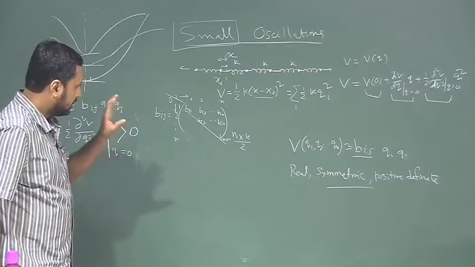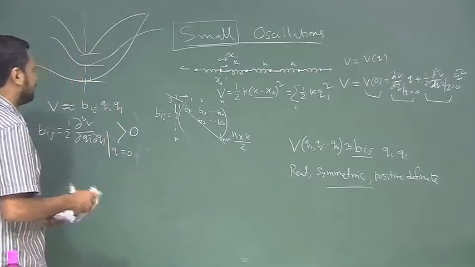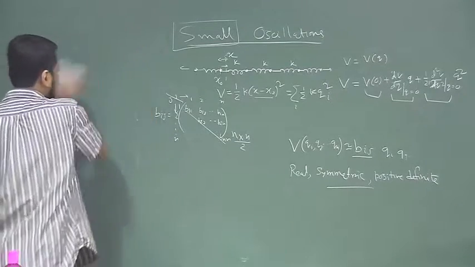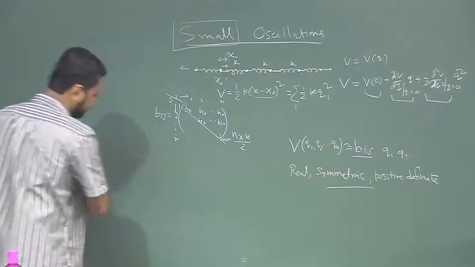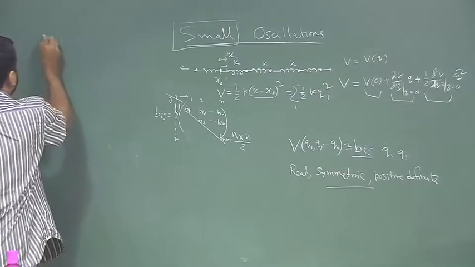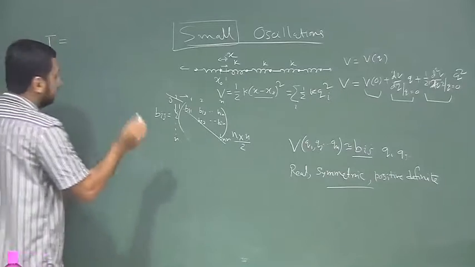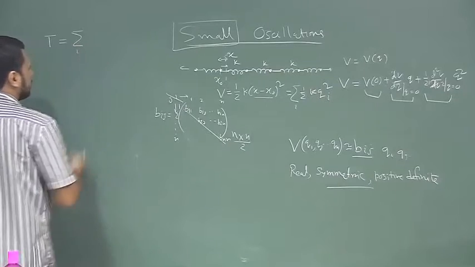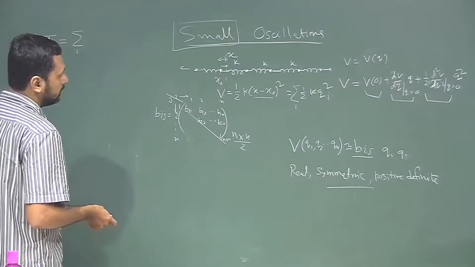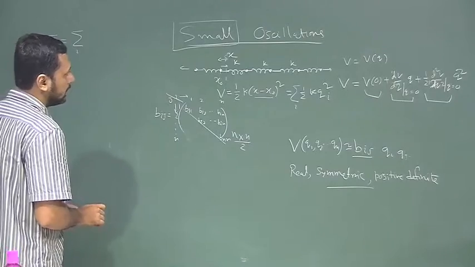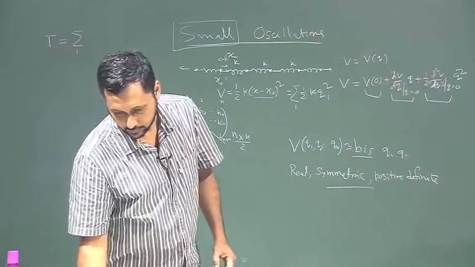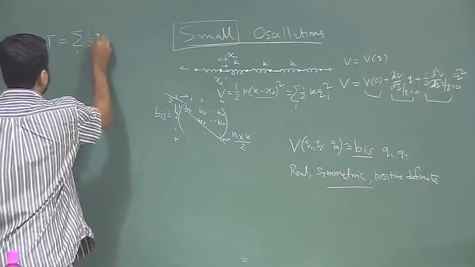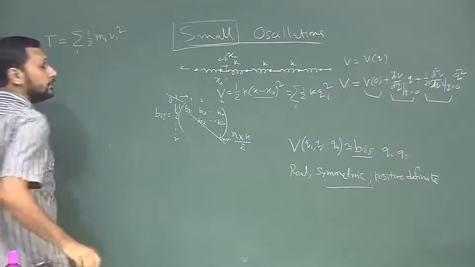So, we have this. Now, in a similar manner, if I try to describe the kinetic energy of the system, T, the total kinetic energy of the system, will be a sum over i of half m_i v_i square, right.